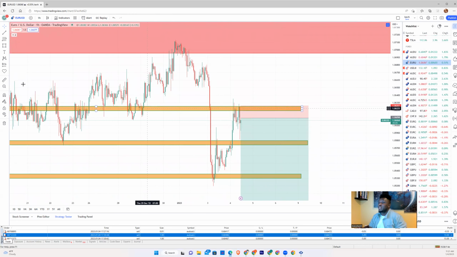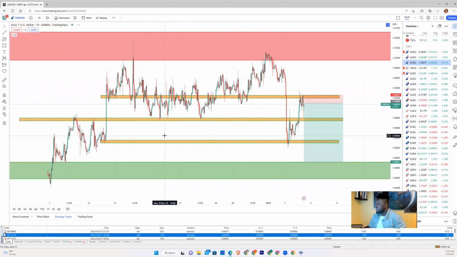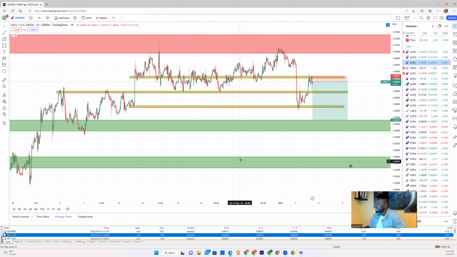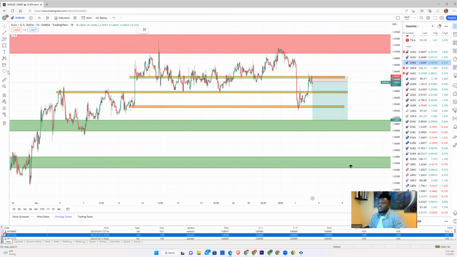So I'll go back here and I'll send this as well to the group. Let me see if I can put an arrow here for us. Should be a sell position.